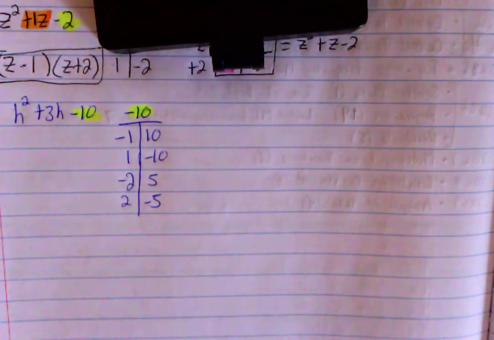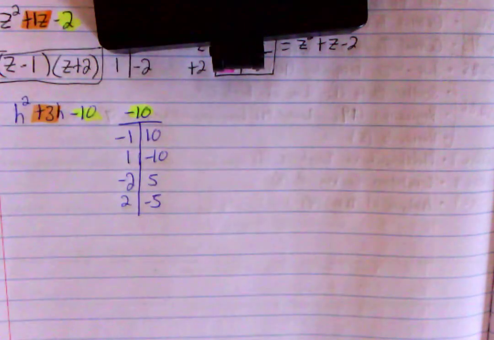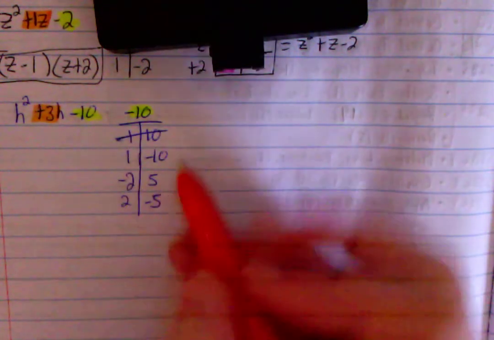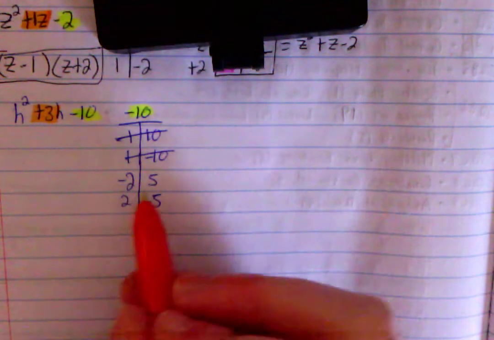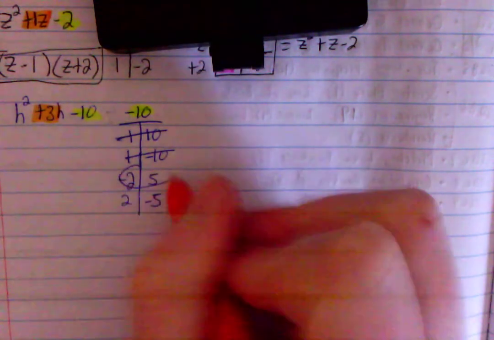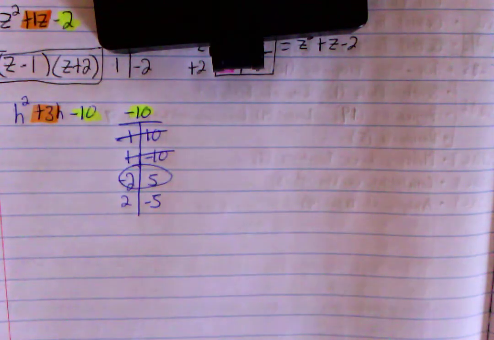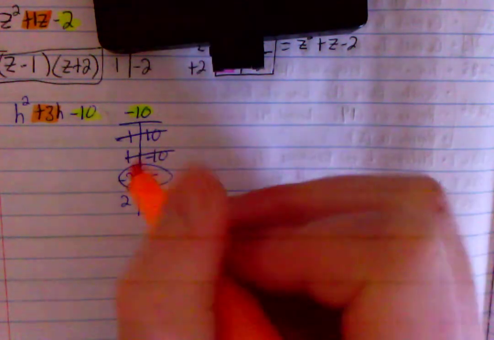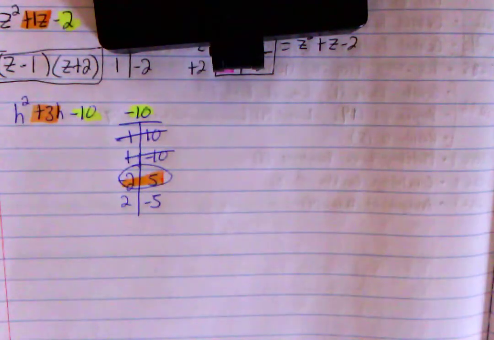So which ones add up to positive 3h? Negative 1 plus 10 is 9. 1 plus negative 10 is negative 9. Negative 2 plus 5 is a positive 3. So those are the factors that I'm going to use.